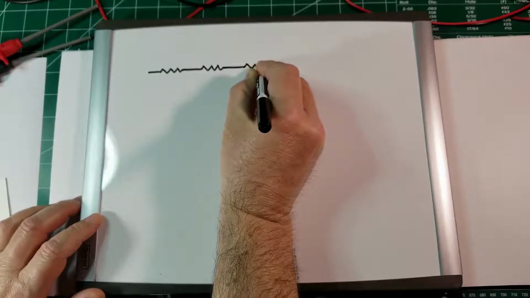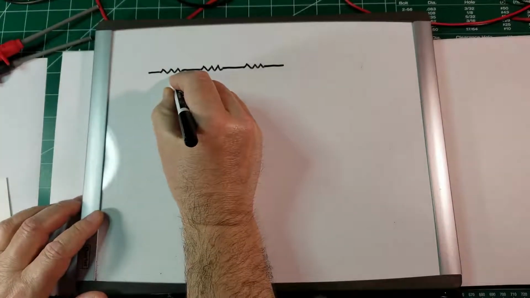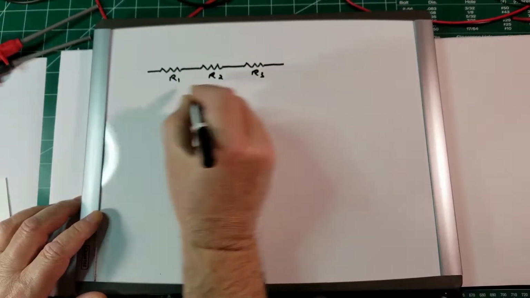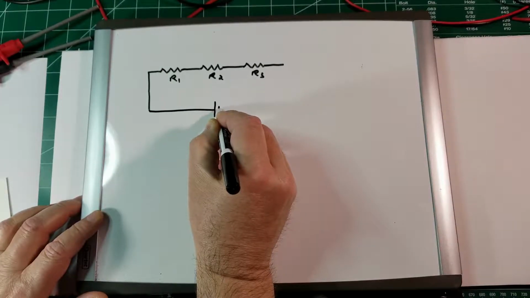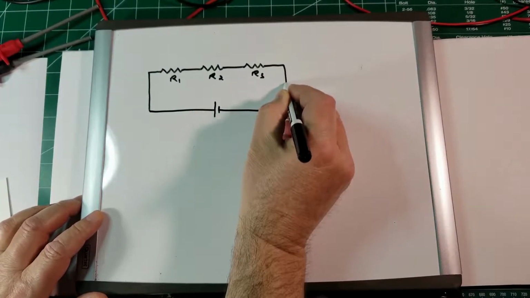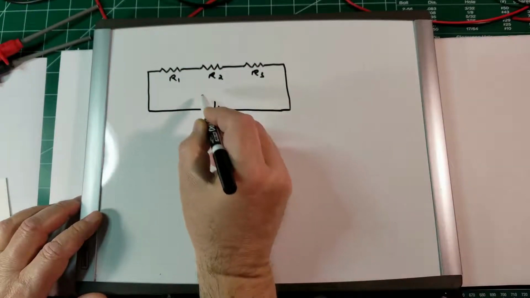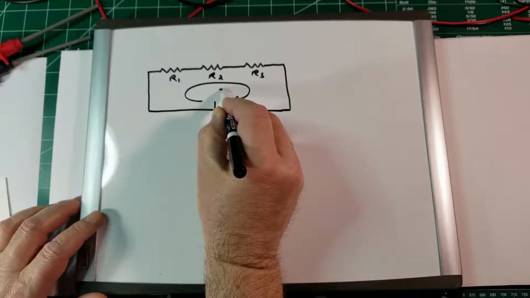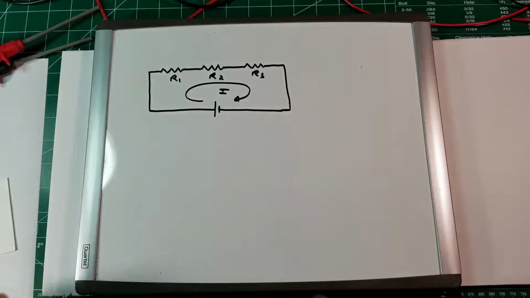So if I put a number of resistors like this, I name them R1, R2, R3, and then I apply a voltage to them. Since there is only one loop, there is only one current that flows into this circuit, and it's the same across all resistors. So this is the definition of series.